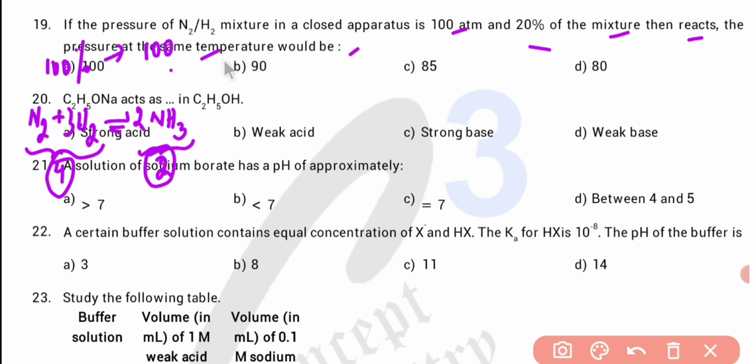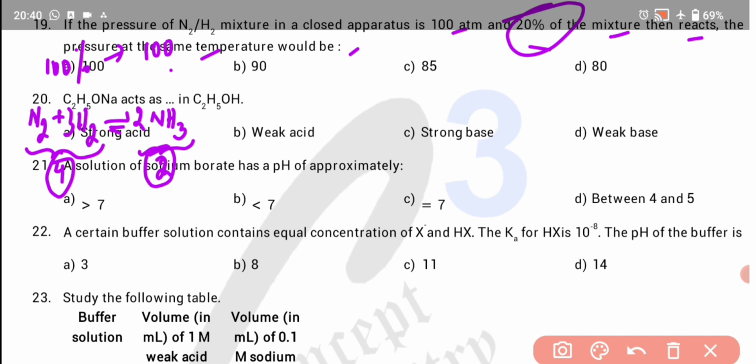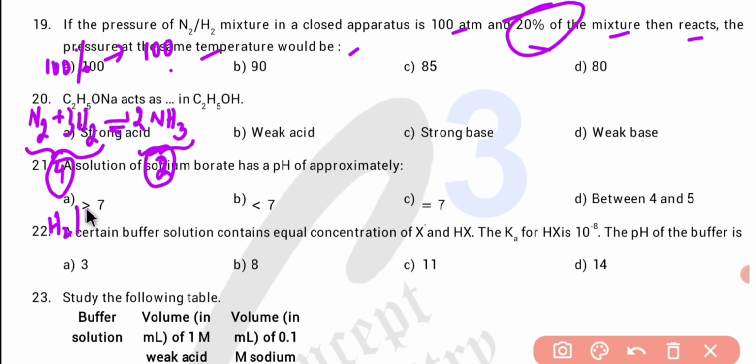So 20% of the reaction mixture has been converted into ammonia. So the hydrogen nitrogen mixture left is 80%, right? Because 20% has been converted into ammonia.